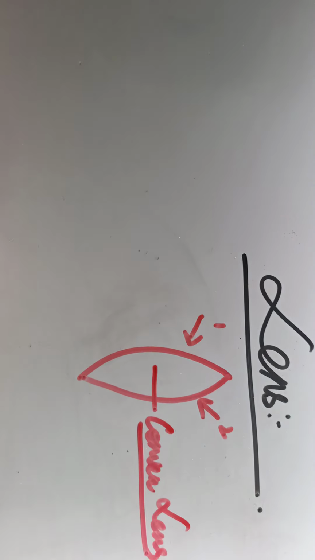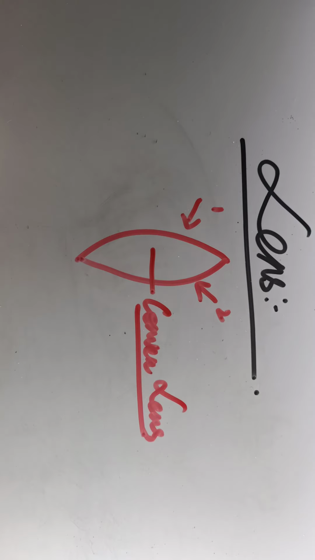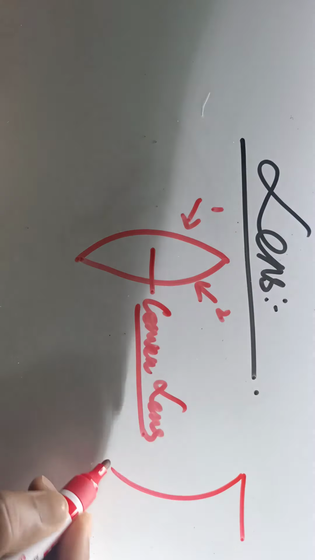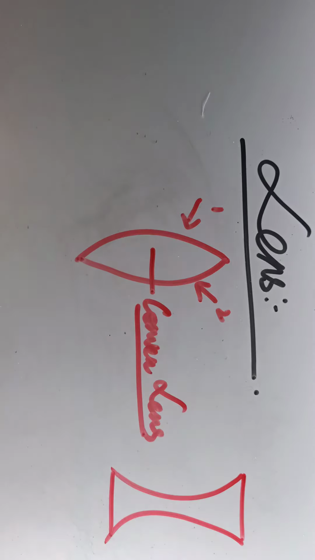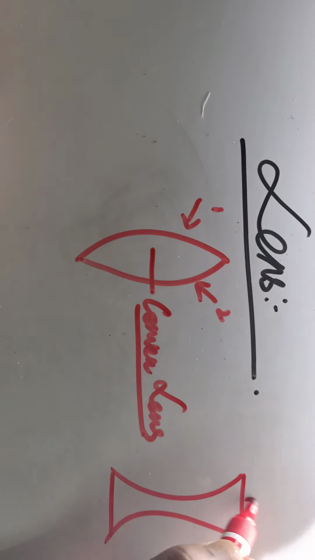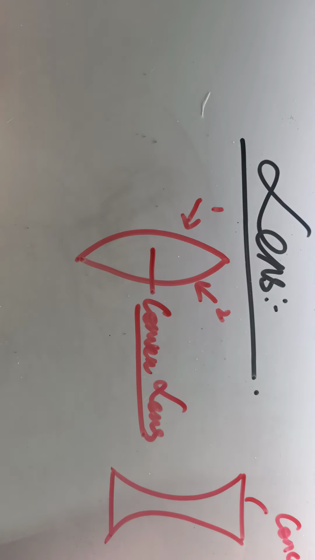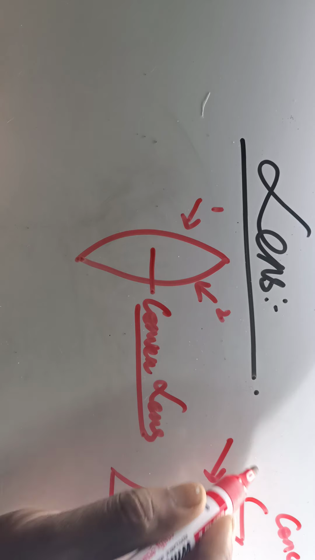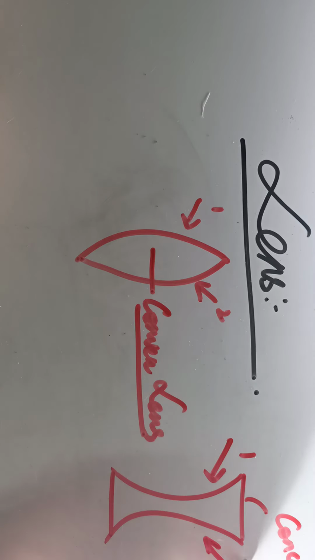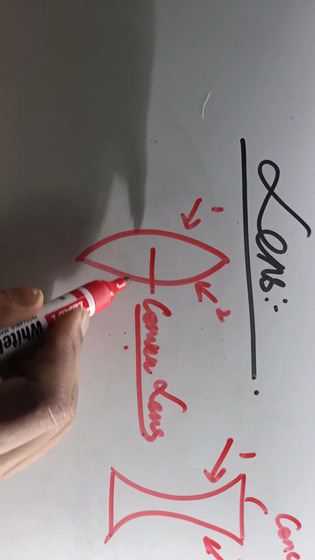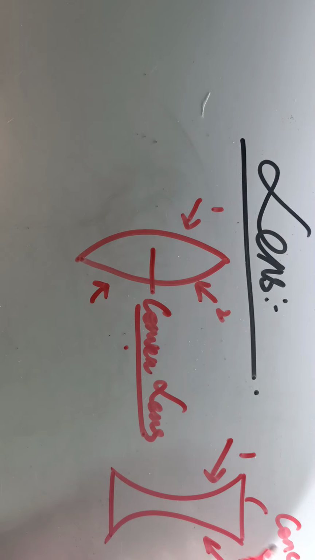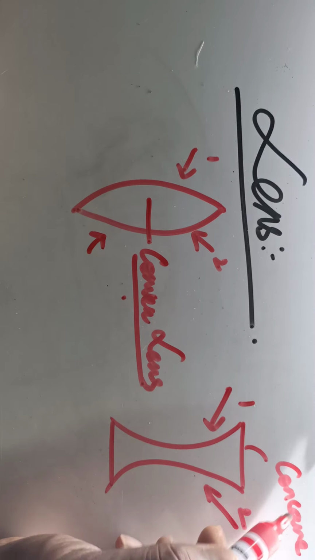Then we have another one over here. You have this. This is a concave lens. In this case also, surface 1 is spherical and surface 2 also is spherical. So this is a convex lens, and this is a concave lens.